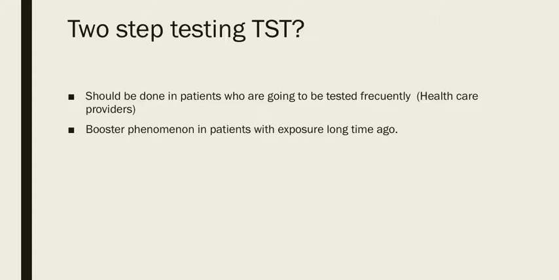But if we test 2 weeks apart, this means that it is a booster phenomenon, because it usually takes about 8 to 12 weeks to become positive after an exposure. So this is why we give this period between tests of 2 weeks.